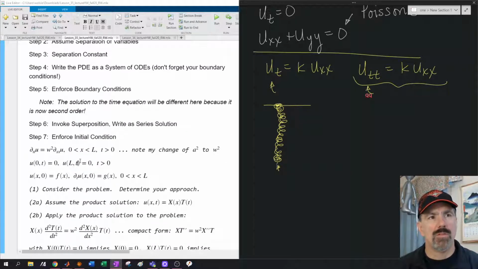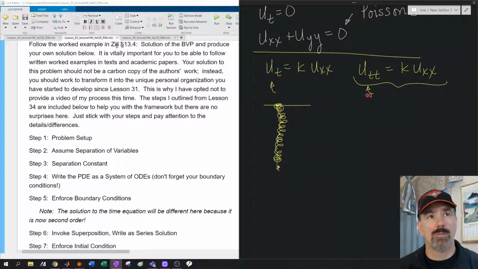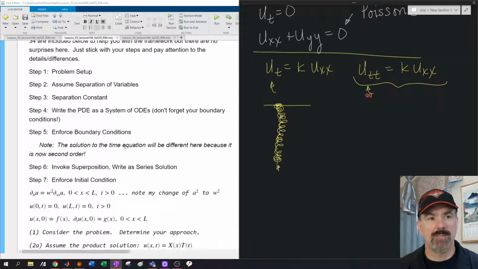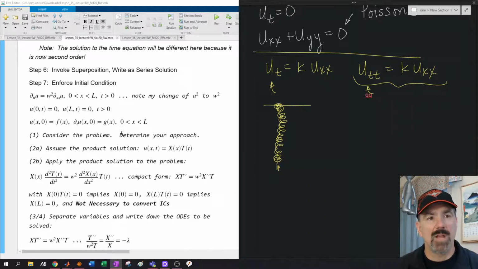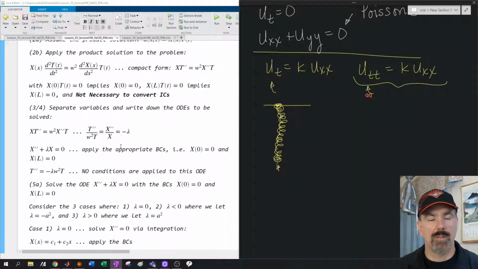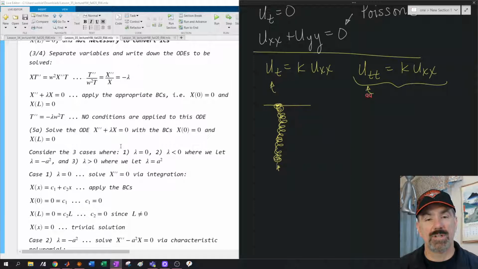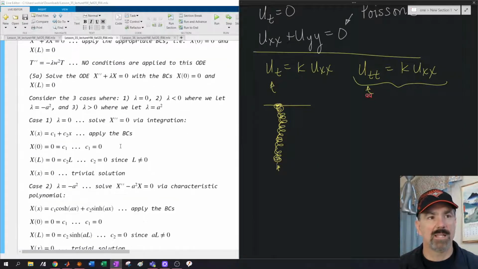So this is the complete flow for the worked example in 13.4. I'm not going to go through all of this. I will go through this slowly so that if you want to look at it, you can at a later time. But because the homework problem is nearly identical, I'm going to wait to explain what all these steps are and how they are the same or different from the heat equation once we get there.